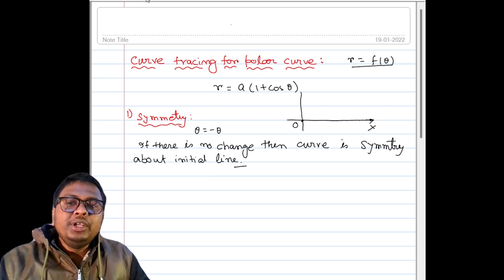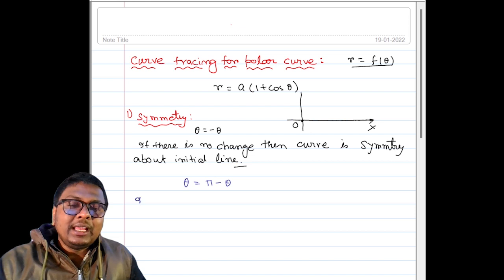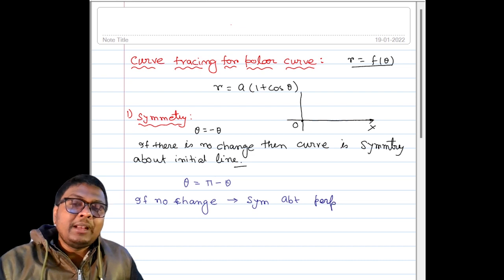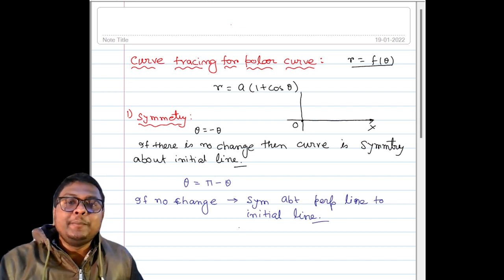Next, we put theta equals pi minus theta, and if there is no change in the equation, then it is symmetric about the line perpendicular to the initial line.